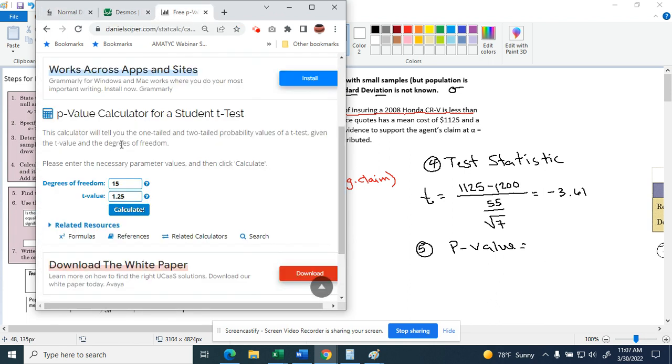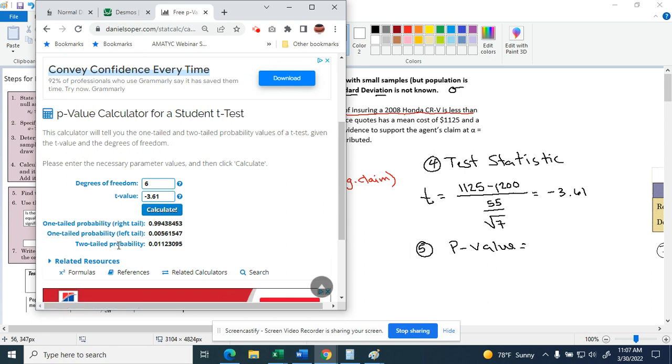You're going to use this T calculator. I provided the link in the course in Canvas. You type the degrees of freedom, which is your sample size, 7 minus 1, that gives me 6. Then the T value, which is whatever answer you get in step number 4. And I'm going to click calculate.